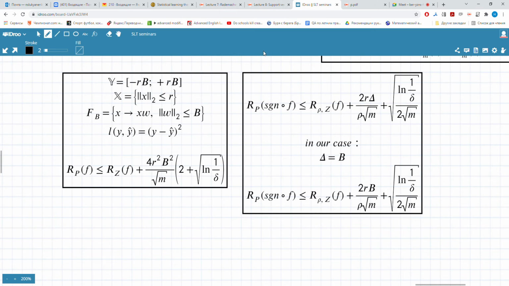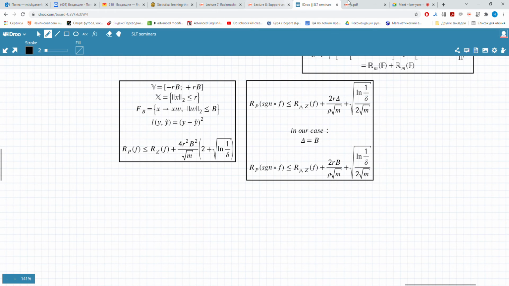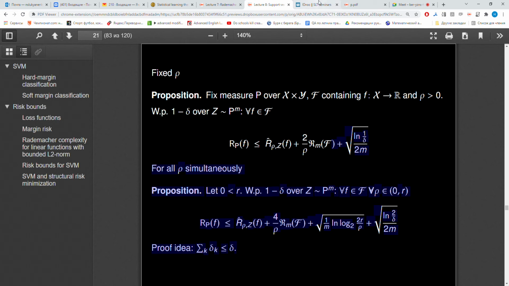But it sounds terrible. I'm not sure that's something we really need to do at the seminar, because it looks really complicated.